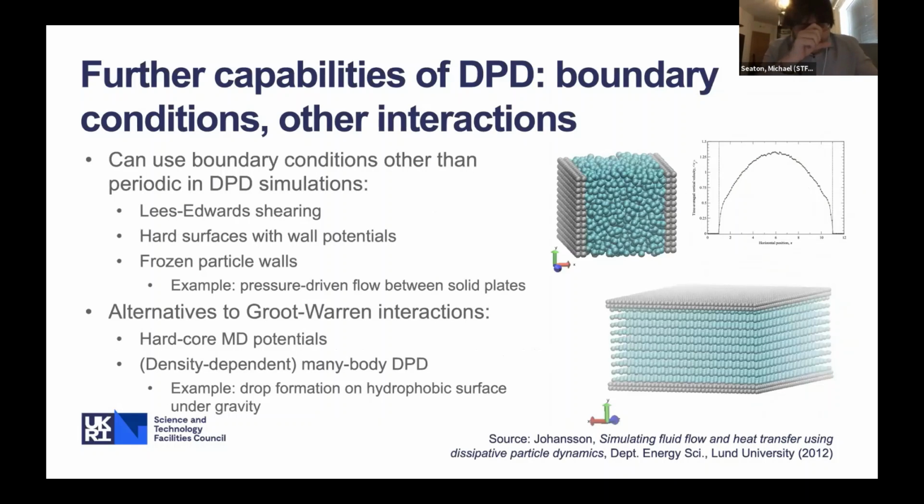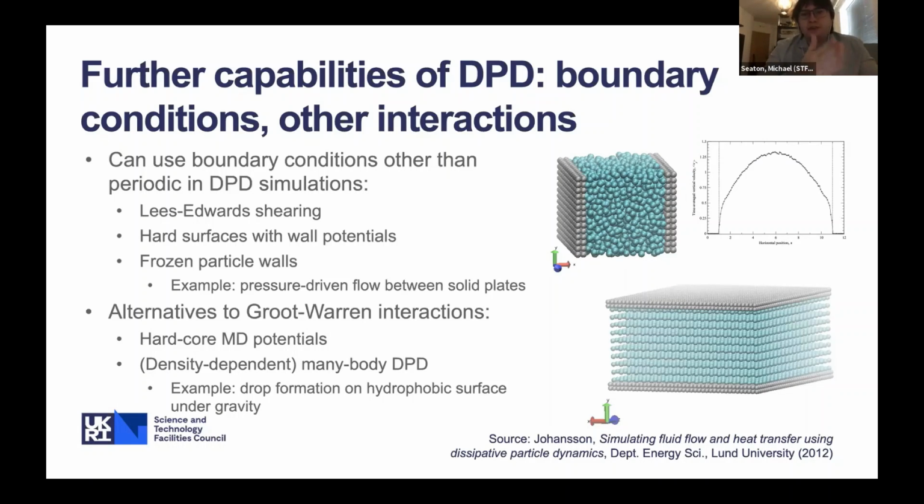Other things that we can do are use various types of boundary conditions. So we can carry out DPD simulations in periodic boxes, but we can also apply shearing using what are known as Lees-Edwards conditions. We can also have hard planar surfaces, which can also include additional wall potentials.